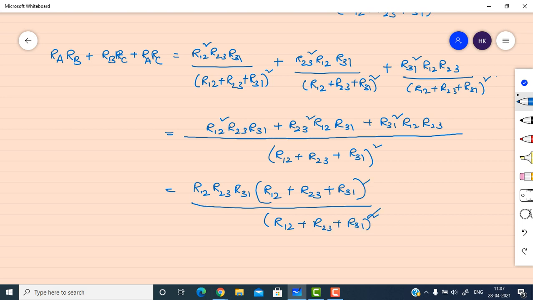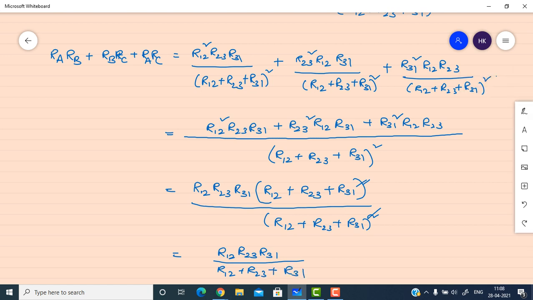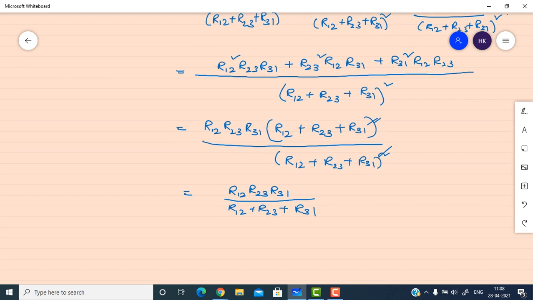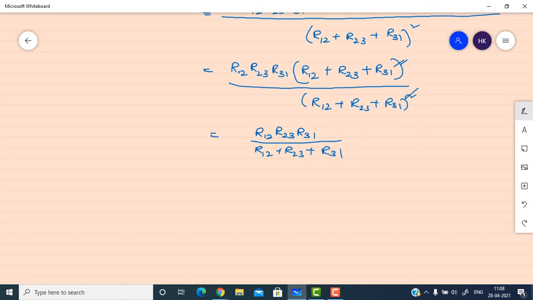So one time it will get cancelled. Then it is R12, R23, R31 by R12 plus R23 plus R31. So this is RARB plus RBRC plus RARC.